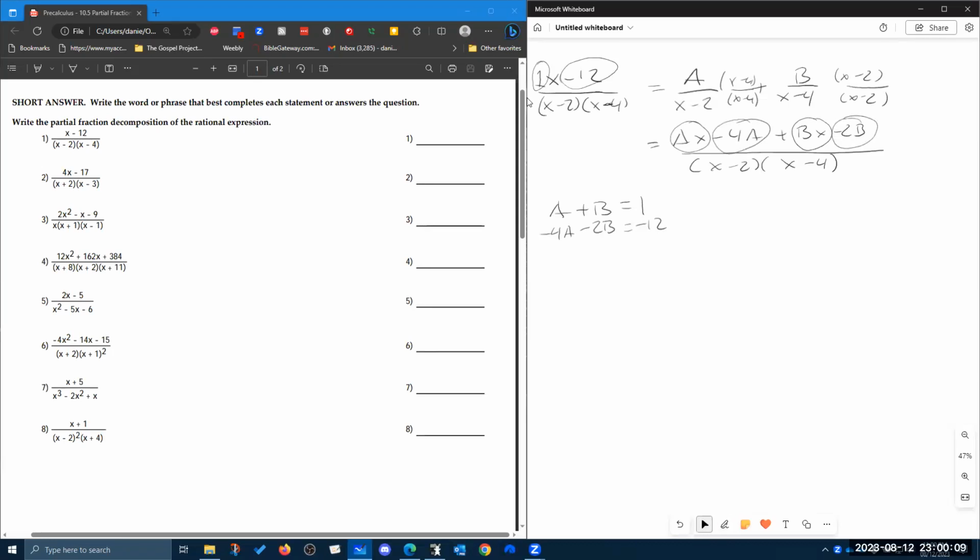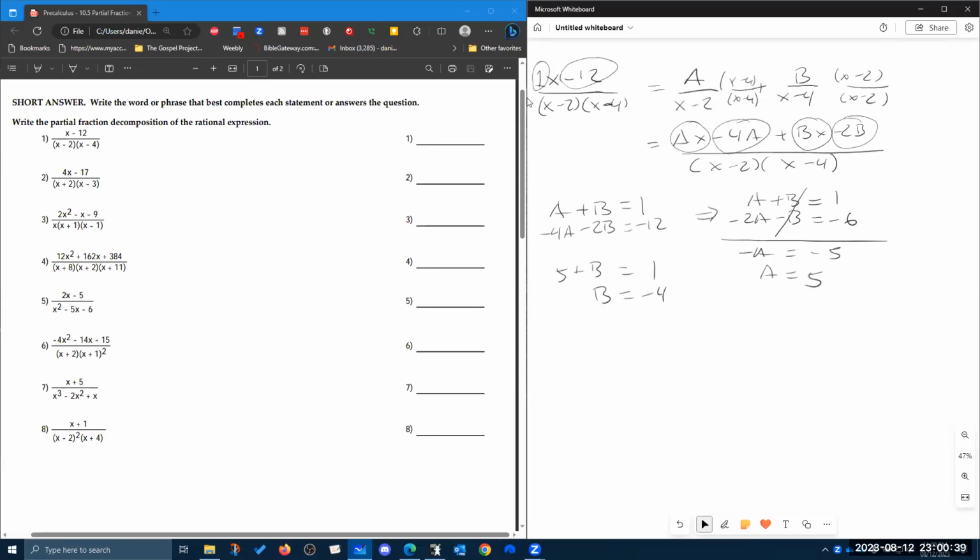This constant part and this constant part together have to give me this constant part. So I'm actually going to take the 2 out of everything in the second equation, because it's going to make my life easier. Negative 2a minus b equals negative 6. I have my equation set up for elimination already. If a is 5, 5 plus b is 1, b is going to be negative 4.